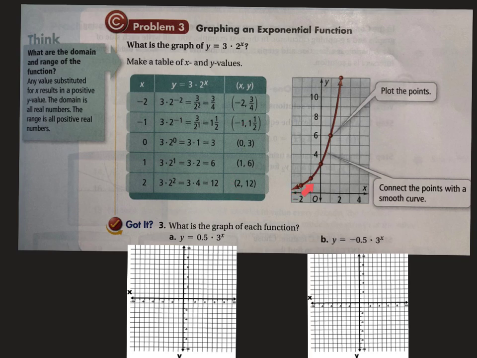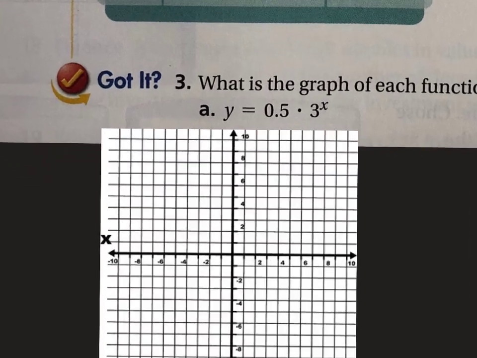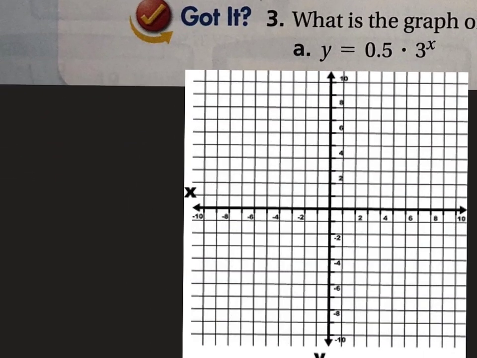You plot the points. Notice it's a smooth curve, and the distance between these curves gets bigger and bigger every time. Okay, so let's go ahead and we are going to put together a table for the first one.